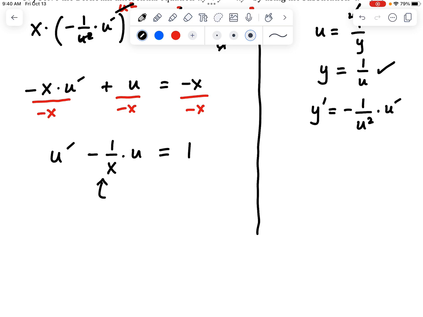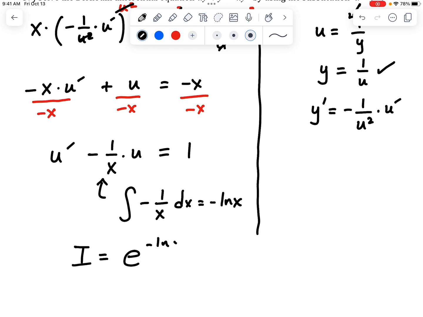So after making that substitution, it turned out to be a pretty straightforward problem, because now we can make the integrating factor. So this negative 1 over x, we would then need to integrate that. So the integral of negative 1 over x dx equals just negative natural log of x. And then the integrating factor is e raised to that. So it's going to be e raised to a negative natural log of x.